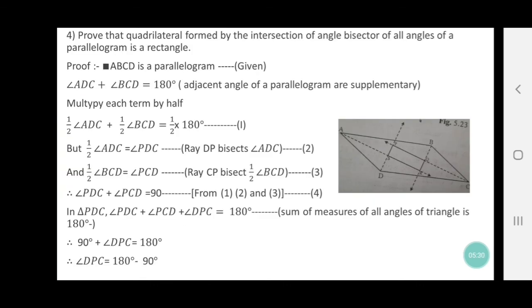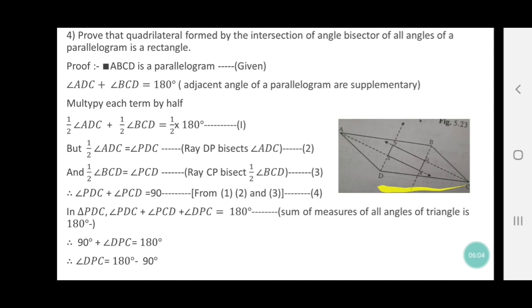Now we move on to the last problem, a very interesting problem. What is given to us? Prove that the quadrilateral formed by the intersection of the angle bisectors of all angles of a parallelogram is a rectangle. Quadrilateral ABCD, the outer quadrilateral, is a parallelogram. As it is a parallelogram, adjacent angles are supplementary. So angle ADC plus angle BCD is equal to 180 degrees.